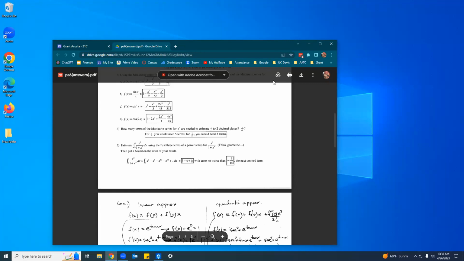I know that n equals 3 isn't big enough, because n equals 3 would give me 1 over 4 factorial, which is 1 over 24, not small enough. n equals 4 would be 1 over 5 factorial, which is 1 over 120, still not small enough. But n equals 5 would give me 1 over 6 factorial, which is 1 over 720, which is small enough. It's less than this 1 over 200.